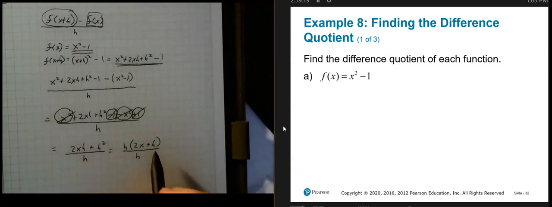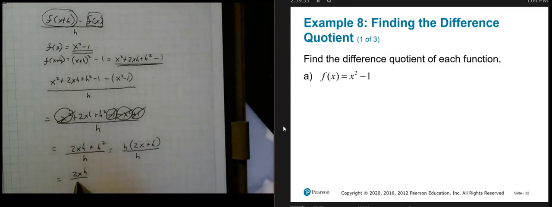Or I could have done it this way and said that this is two fractions being added together with the same denominator, and the numerators were different. So 2xh divided by h, plus the h squared divided by h. I do a verified form of this in my head.